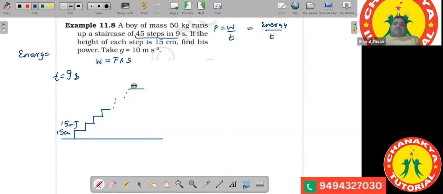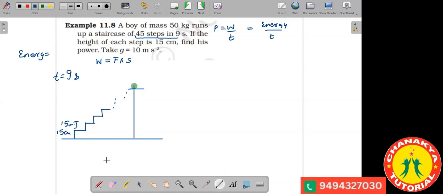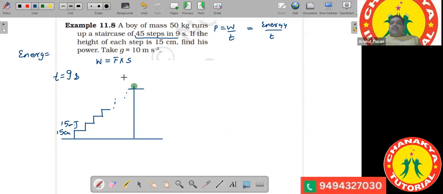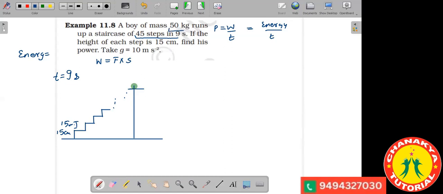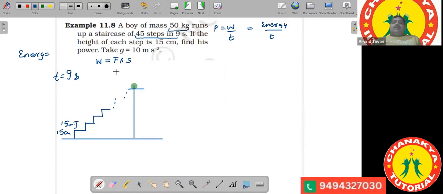So his work done, or his potential energy, will be equal to mgh. He has a mass of 50 kilogram. The value of g is 10, and the height over there will be 45 multiply 15 divided by 100, right?